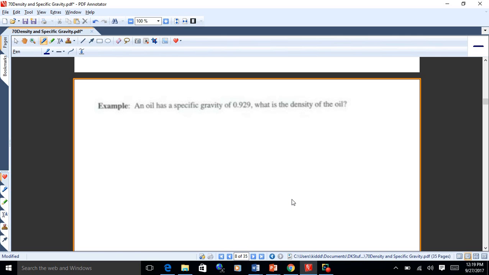Just run it backwards. You have a substance that is 0.929 times as dense as water, so you take the density of water and multiply it by 0.929.